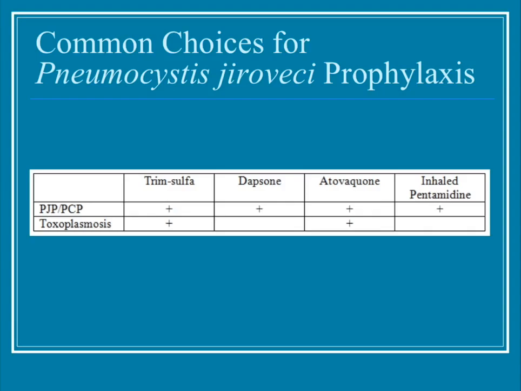For dapsone, you have to order your G6PD before, ideally, you use it. Inhaled pentamidine can cause bronchospasm, so I'm not a big fan of using it in patients that have asthma, just had a respiratory infection, or have a VQ mismatch because they have pneumonia. Inhaled pentamidine is then not your drug of choice, even if they are toxo-negative.